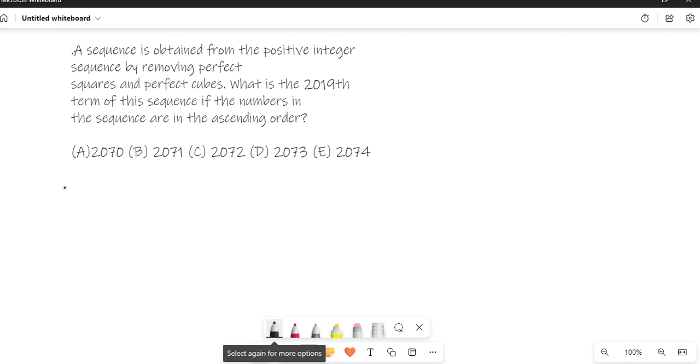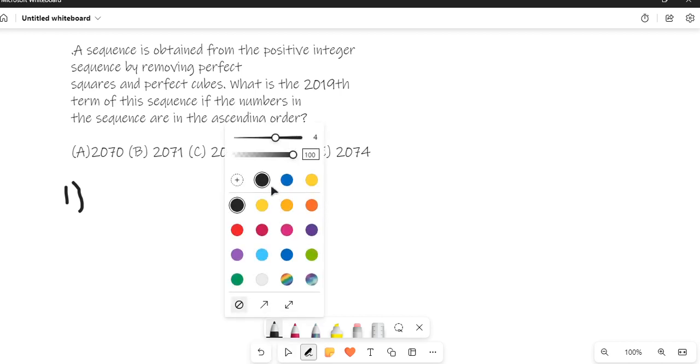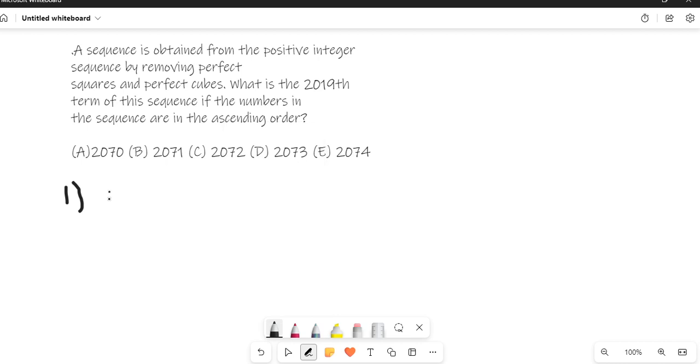The first thing you should always remember is this: if I want to know how many perfect squares come before 10, let me first write these numbers from 1 to 10.